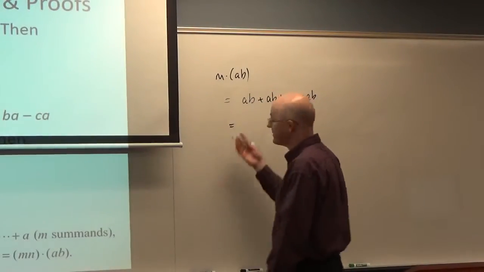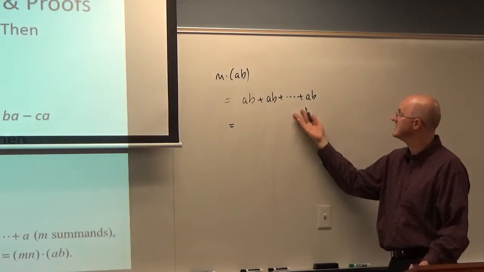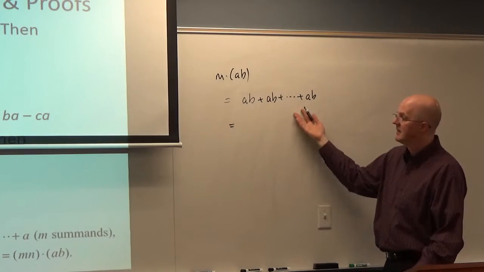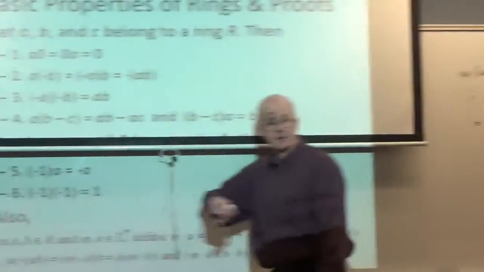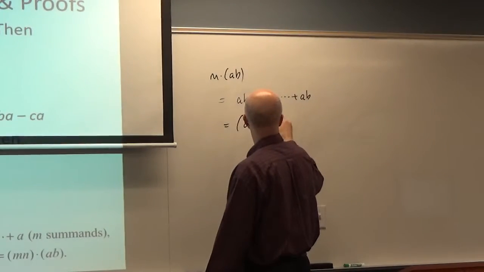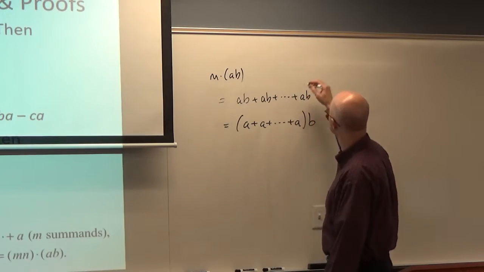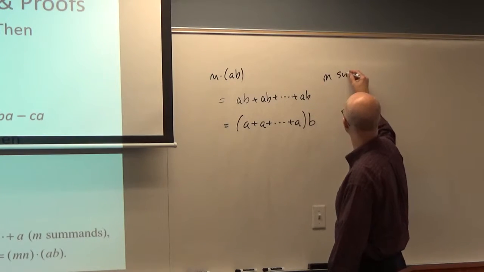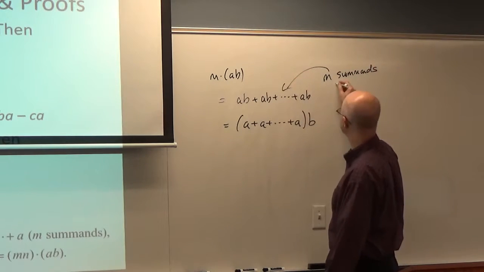But then you've got the distributive law that does apply to an arbitrary finite number of terms. For example, if I want to prove this fact here, you can factor out the b on the right. So there are m summands in both here and in here.